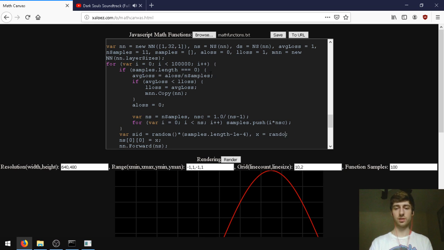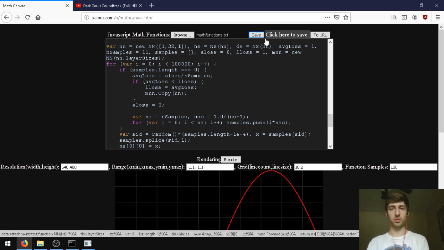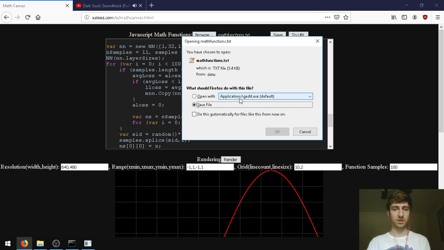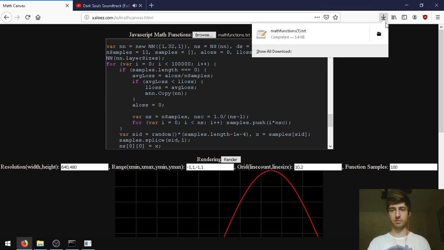Then x is samples SID, and then we remove that sample. Okay, now we're back where we were before. Let's save. Is there a way to save over or rename this so it doesn't keep saving it as number 1, 2? I guess not, eh? Whatever.